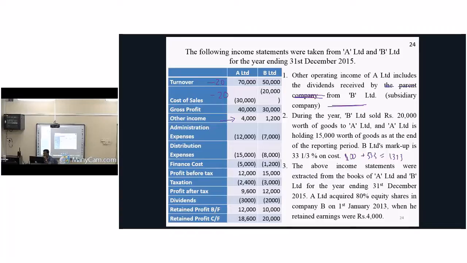So therefore what do we have to do? How to find out unrealized profit? Anybody who is online, calculate unrealized profit in this scenario.